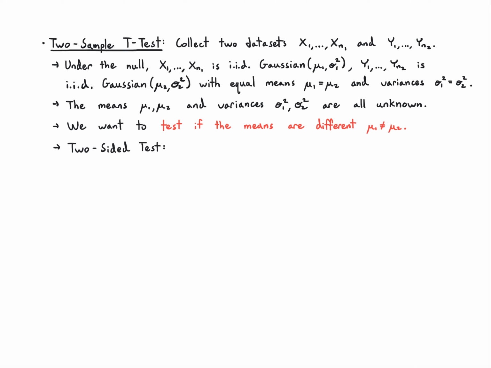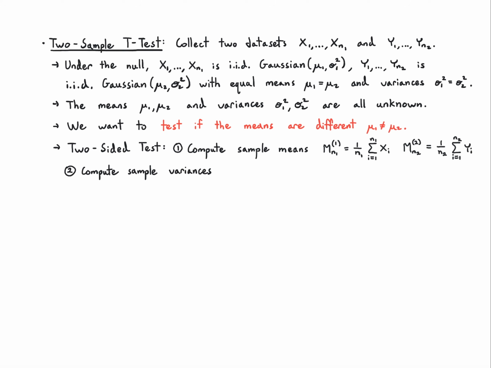The way I'm going to do this is I'm going to compute the sample means. So I just average my two data sets, and then I'm going to compute my sample variances, because I don't know the variances either. So I compute them for my data sets. Remember, I normalize by n1 minus 1 and n2 minus 1 because of this desire to have an unbiased estimator.